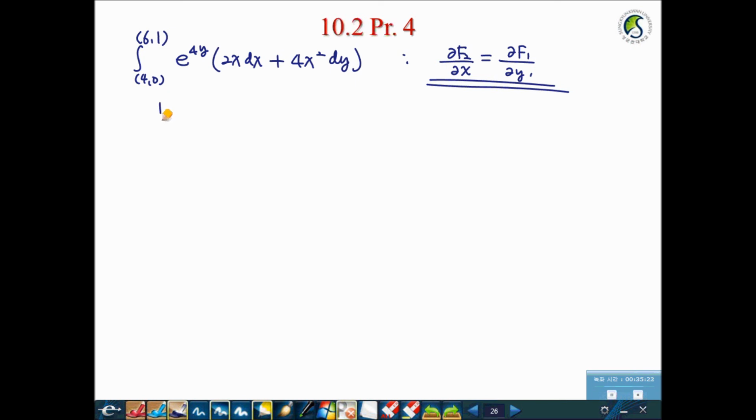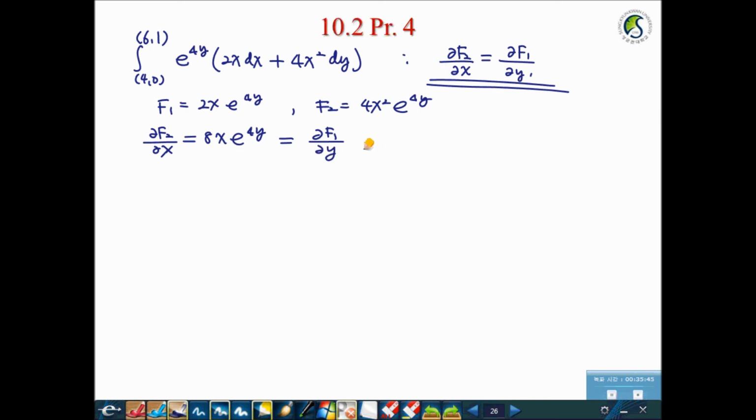So let's rewrite it: F1 is 2x e to the 4y, F2 is 4x squared e to the 4y, and dF2 over dx is 8x e to the 4y, which is dF1 over dy. It has to be, right? So it's exact.